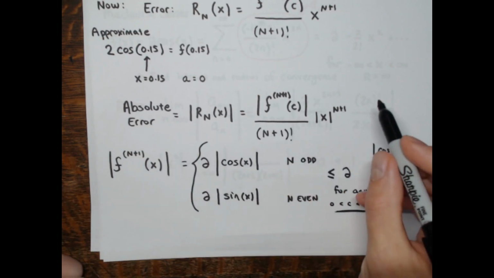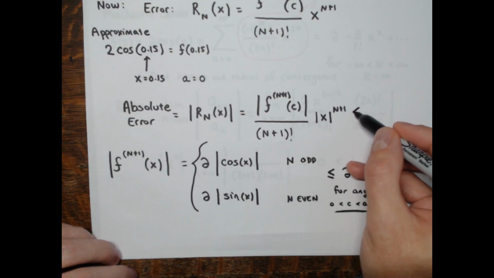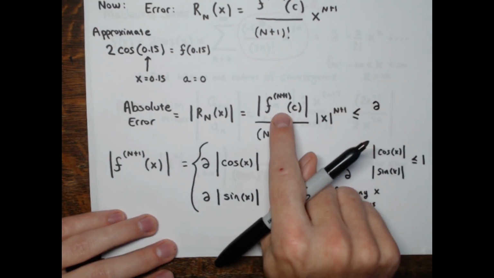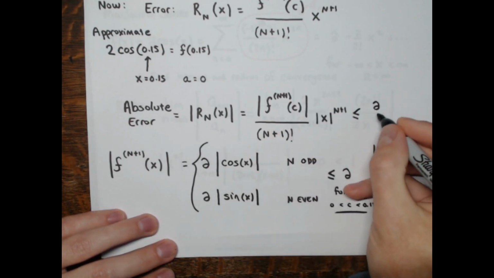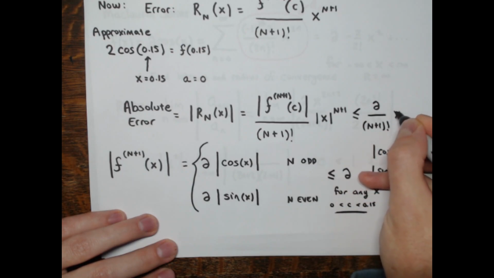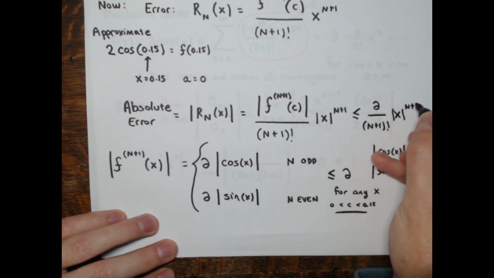So that's going to be my bound. This error is less than or equal to 2, so this absolute value of the derivative thing is less than or equal to 2 over n plus 1 factorial times the absolute value of x to the n plus 1.